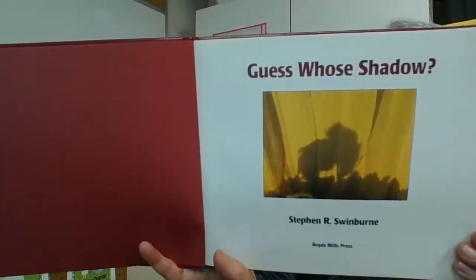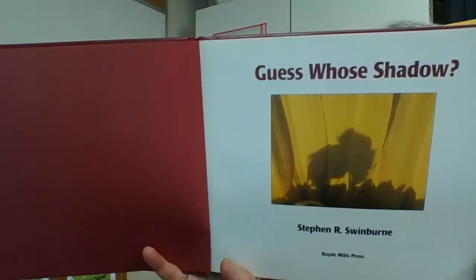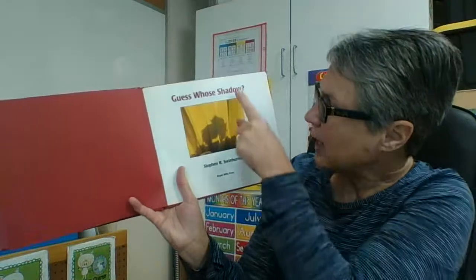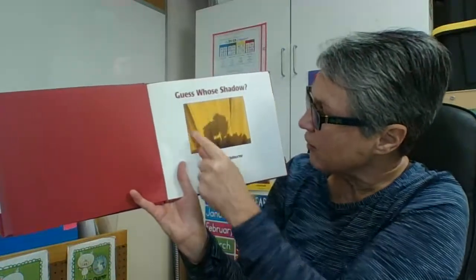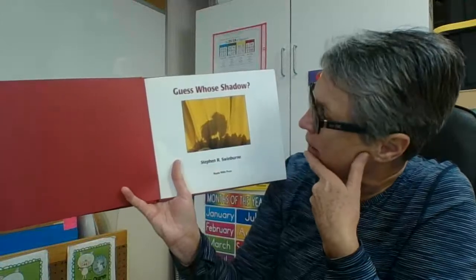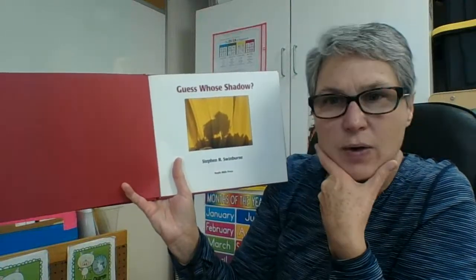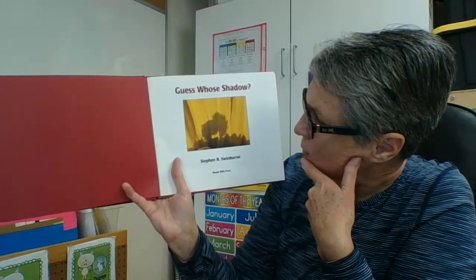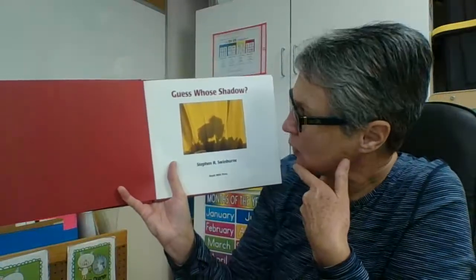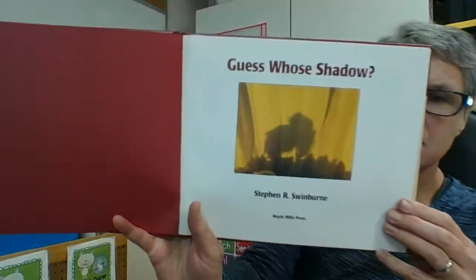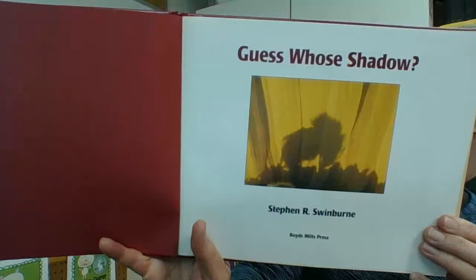Guess whose shadow? Well, when I look closely, I notice that this is a flower. And when I think about flowers, I know insects usually visit a flower. So I'm guessing, making a prediction, that this shadow is made by an insect.